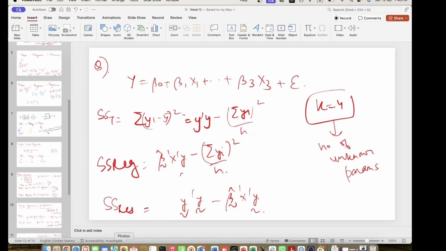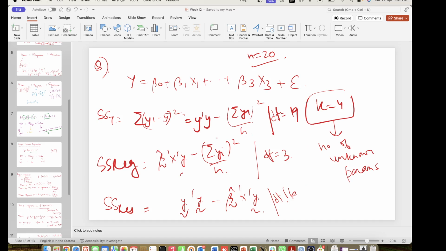We can calculate this from data, and if I have n equal to 20, then the SST df will be 19, the SS regression df will be k minus 1, that is 3, and the SS residuals df will be n minus k, that is 16.